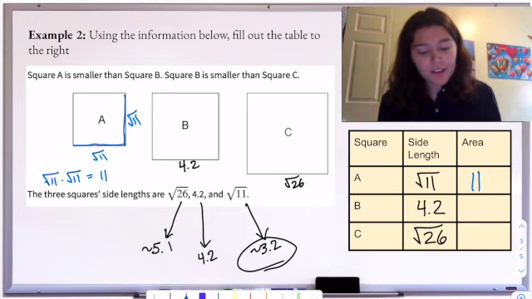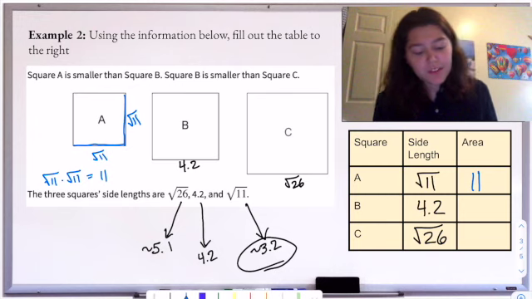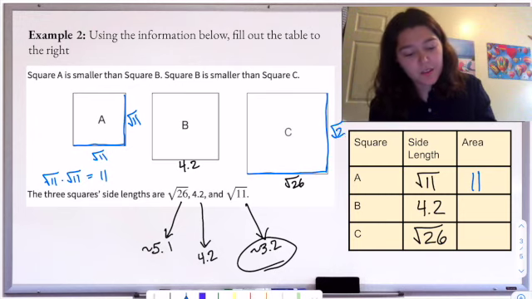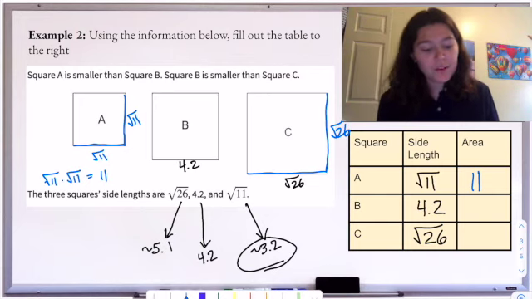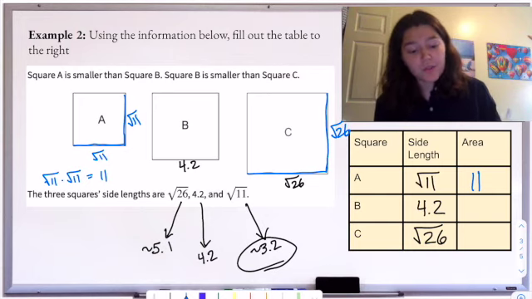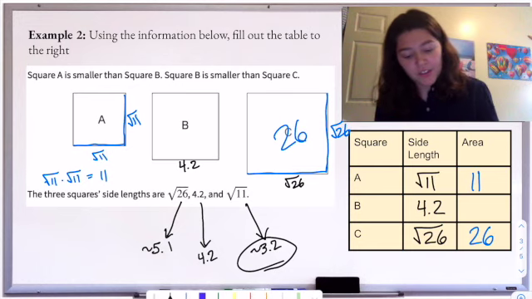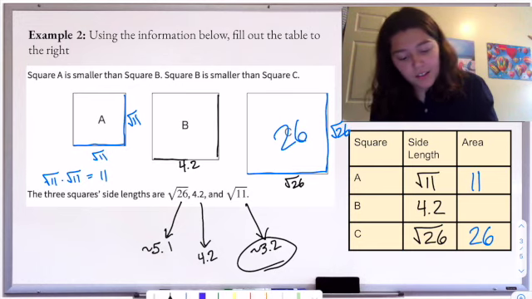Awesome. Okay, then let's go to C. Similarly, we have the square root of 26 times the square root of 26. What is that? The square root of 26 times the square root of 26? 26. Okay, and then finally for B, we'll just have to do that by hand.